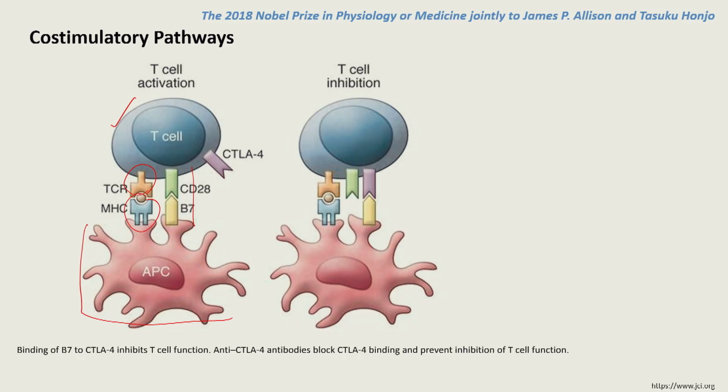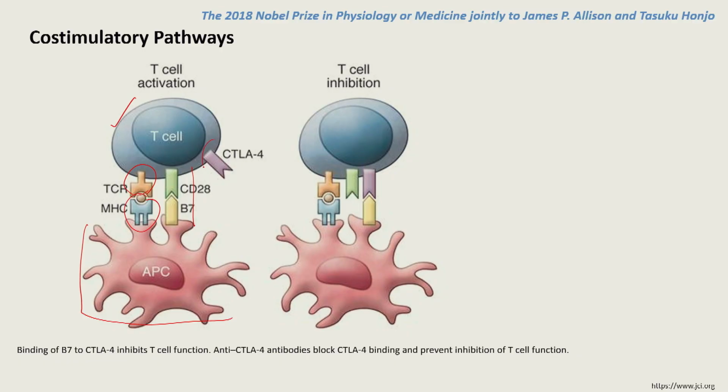Now once this T cell is getting activated, if there is no requirement for activation of this cell type, we need to understand that a strong inhibitory or checkpoint protein must be expressed from the cell type, and one such protein is called CTLA4.